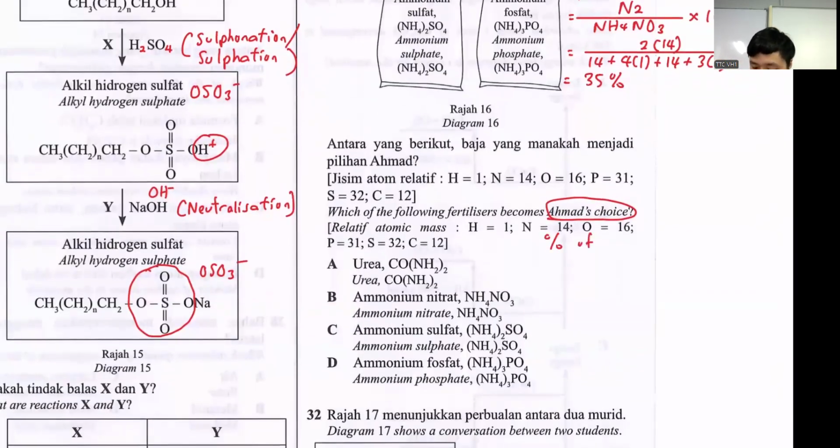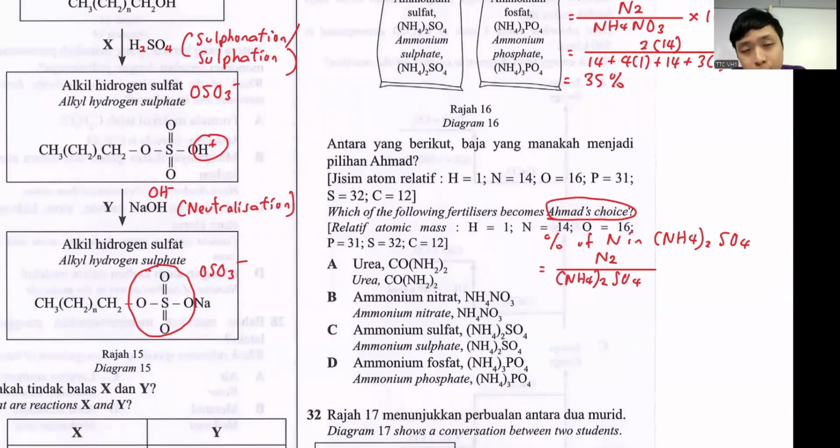Another one is ammonium sulfate. Again, 2N at the top. Put the thing that you want to find on top, put total on the bottom, multiply 100%.